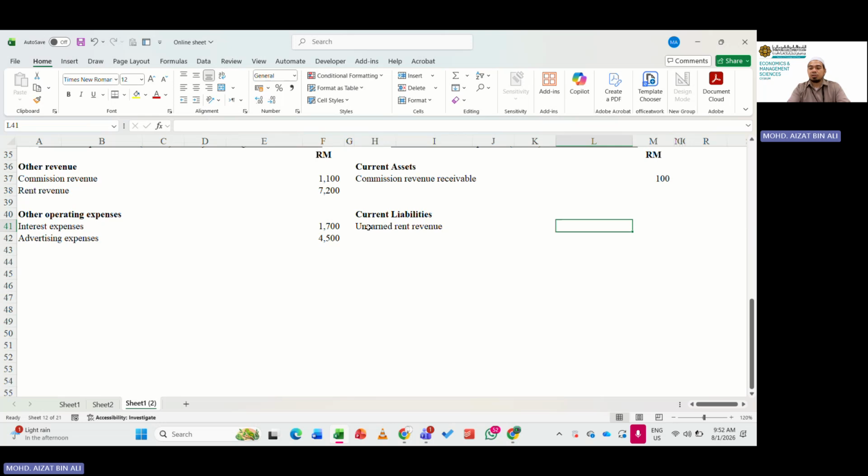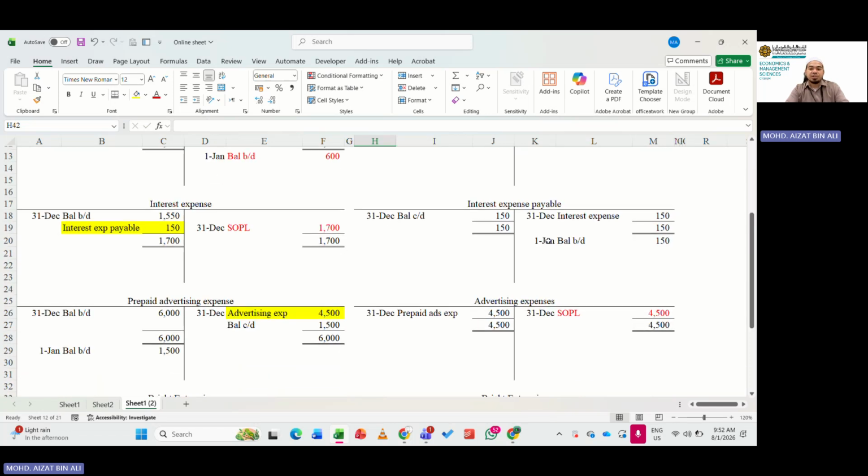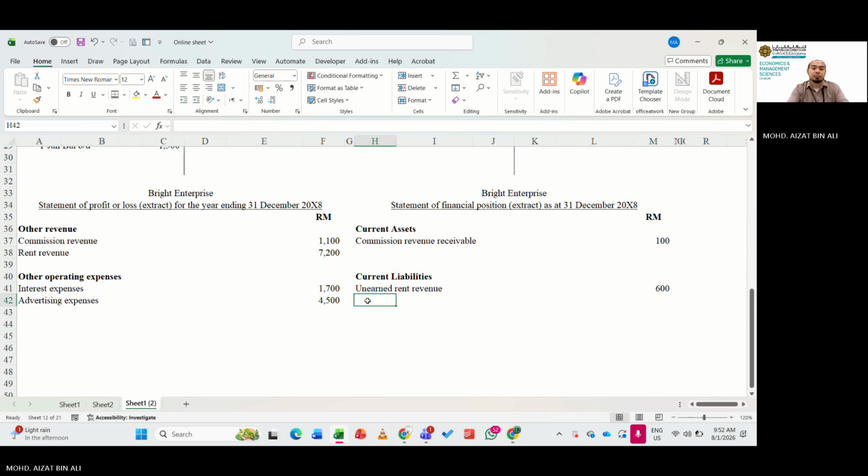See here, unearned rent revenue, we take the balance BD here. Next, interest expense payable, also on credit side. So this makes the account a liability account. Interest expense payable 150 ringgit.